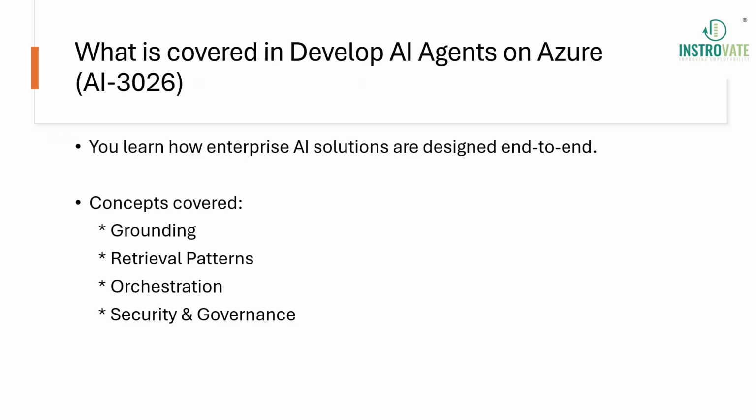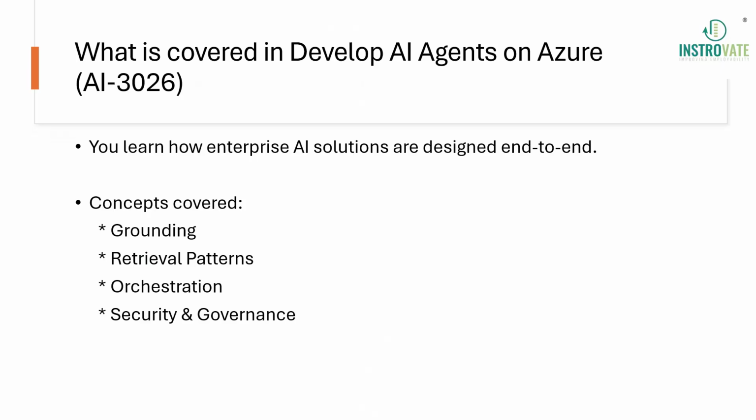You have time and again heard words like grounding, retrieval patterns, security, and governance right from the start of this discussion. Now let's take them up one by one, in a bit more detail, so that you understand what this course is actually offering. The first big concept that you learn here is grounding.